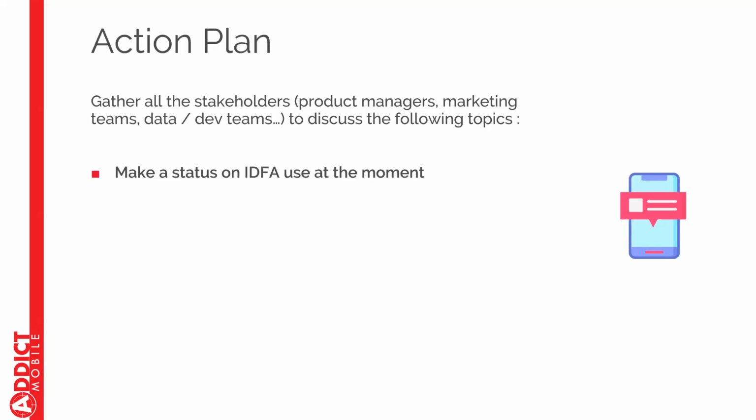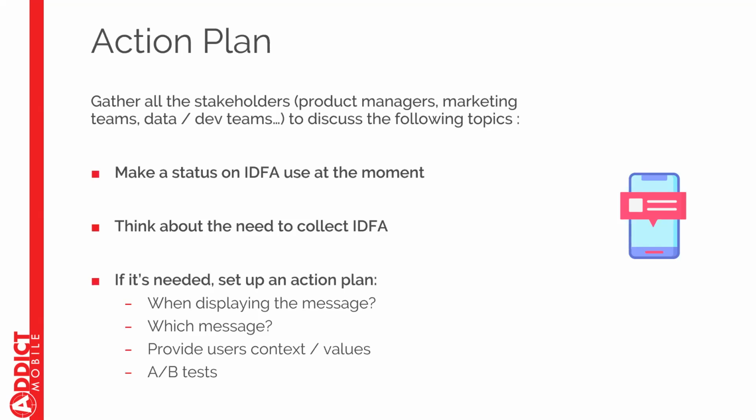Make a status on how IDFA is used at the moment. How do you trigger it and why? And what is it used for? Then think about the need to collect IDFA. Do I need it or not? I think in most cases you will need it, but maybe some apps are not really in need of triggering the IDFA.